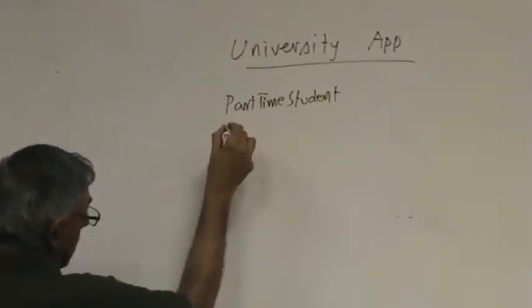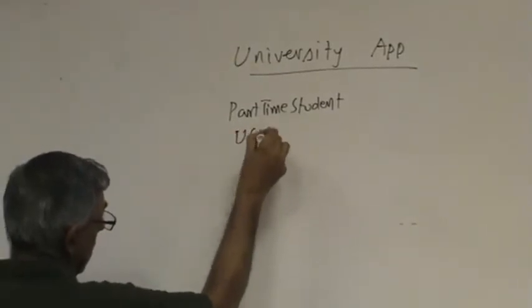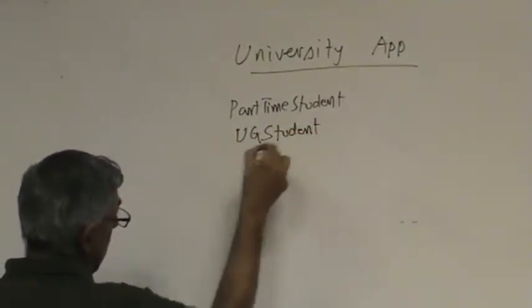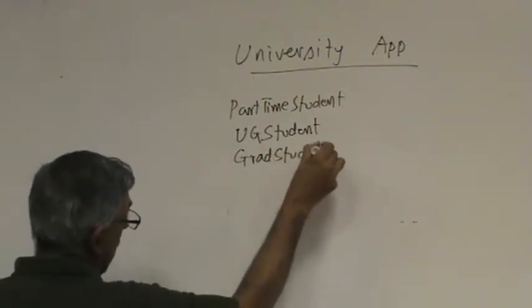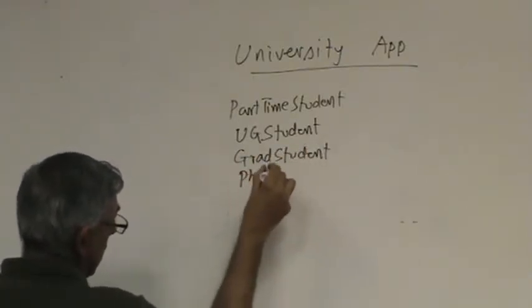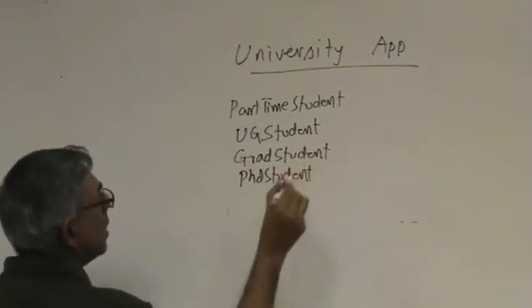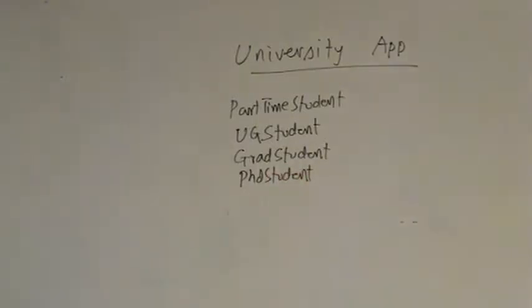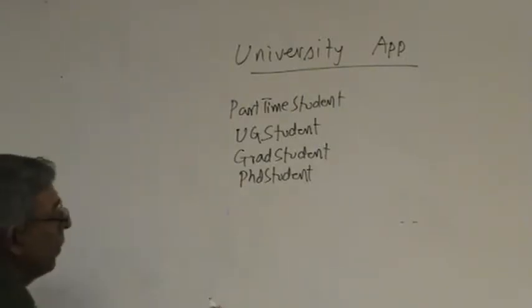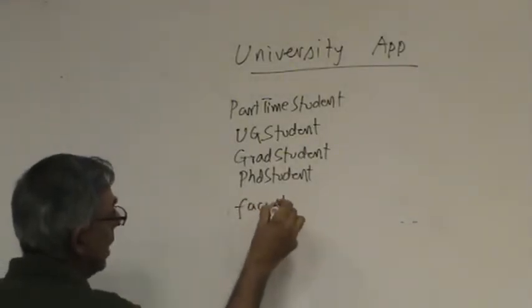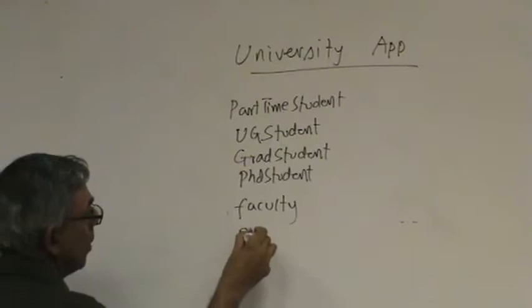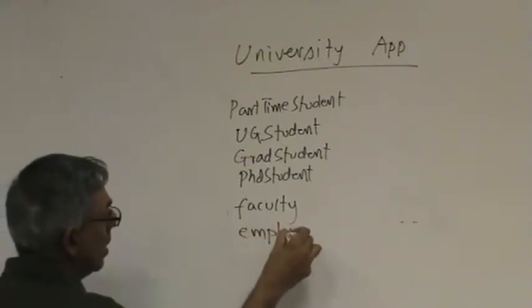We have an undergraduate student. We have a grad student. We have a PhD student. Okay, so this is the student side, right? In a university, we also have employees. We have professors. So pretend there's a faculty. There's an employee.